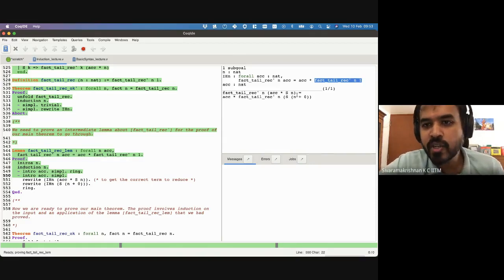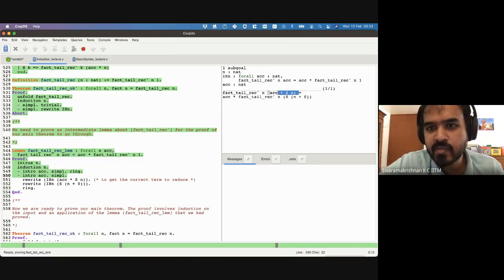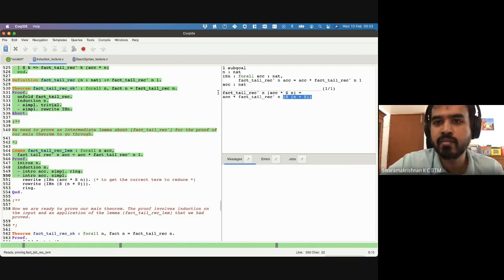So what I'm going to do at the high level is take these terms out and replace that with 1, and I'm going to take this out, and this will become essentially accumulator multiplied by fact tail rect prime n1. And the reason why I did not introduce accumulator earlier is that I'm going to apply this rewrite tactic in two different ways, right?